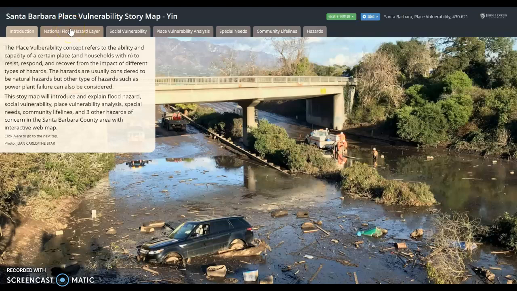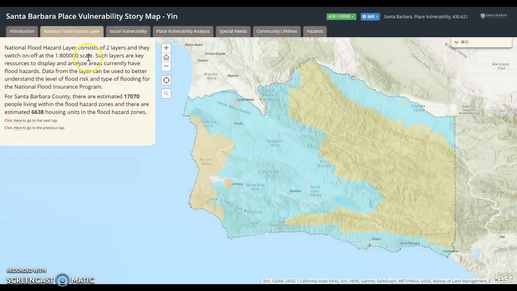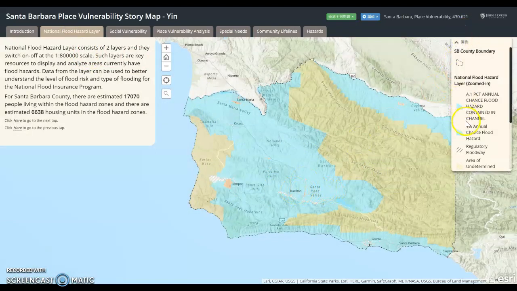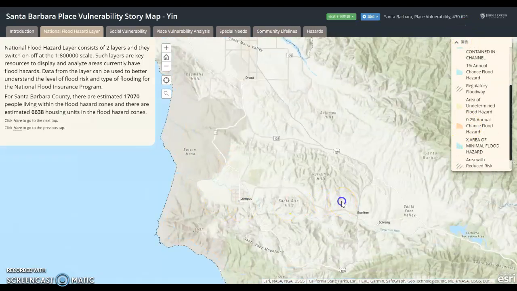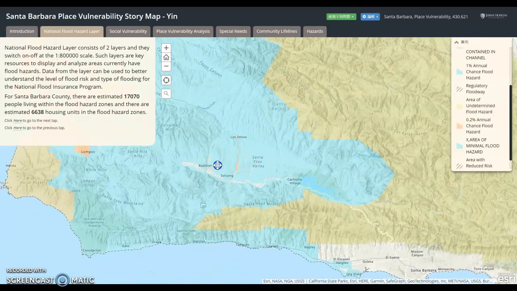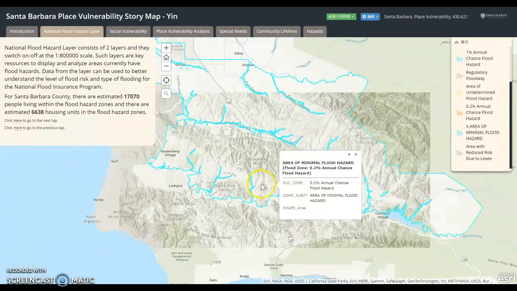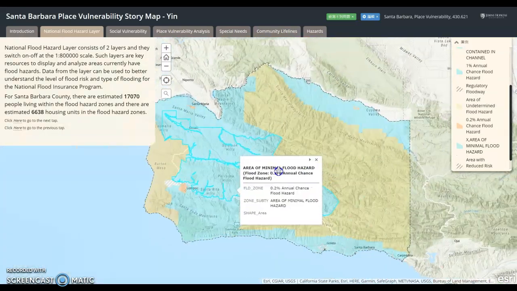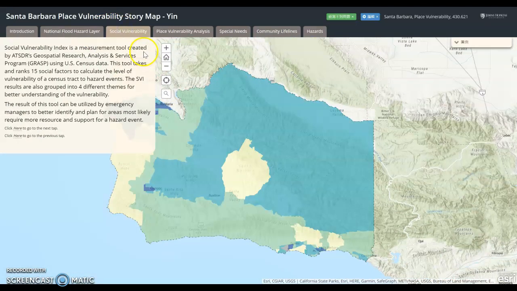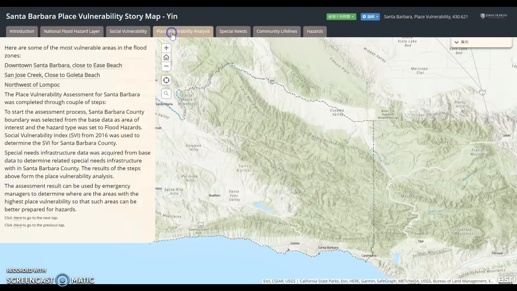It shows the national flood hazard layer, which tells us where the flood hazards are. You can see different colors displaying the different possibility of getting flood for a certain area. And we also have the social vulnerability layer, which shows what areas are most vulnerable to disasters.